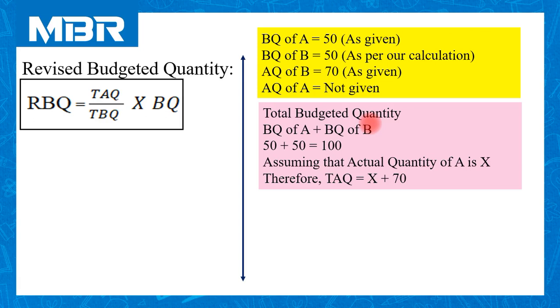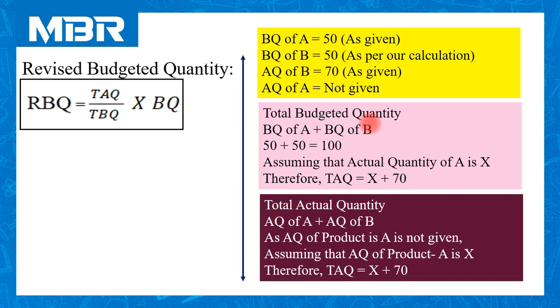Let me explain this thing in detail. Total actual quantity means what? Actual quantity of product A plus actual quantity of product B. As actual quantity of product A is not given, assuming that actual quantity of product A is X, therefore total actual quantity is equal to X plus 70.